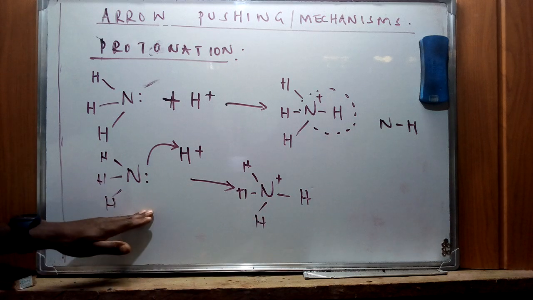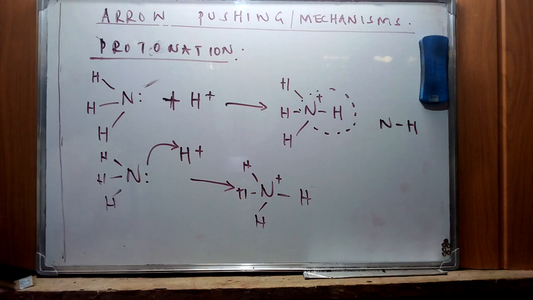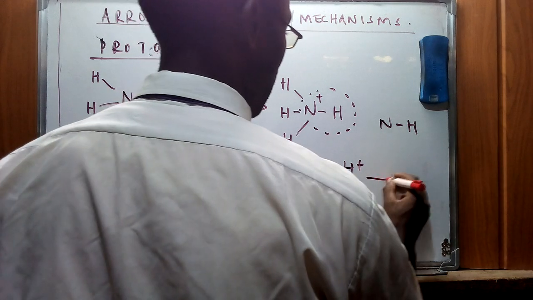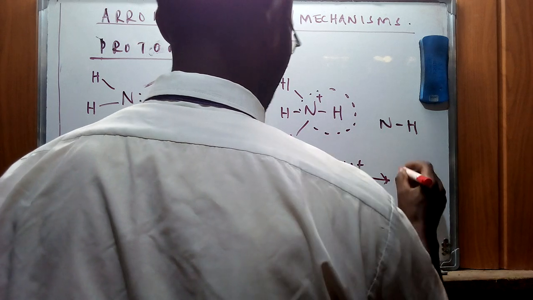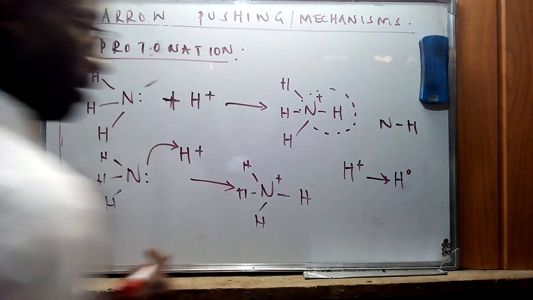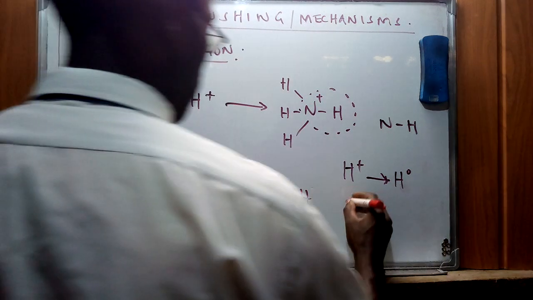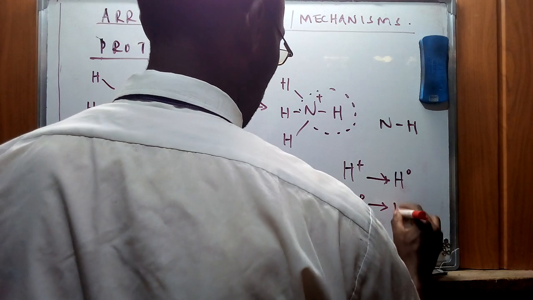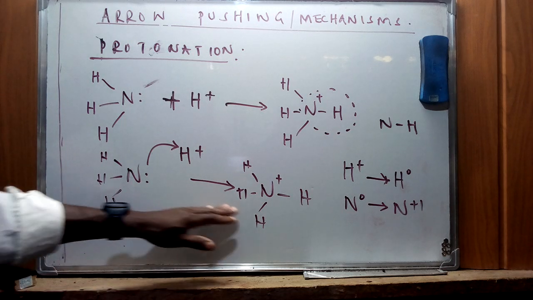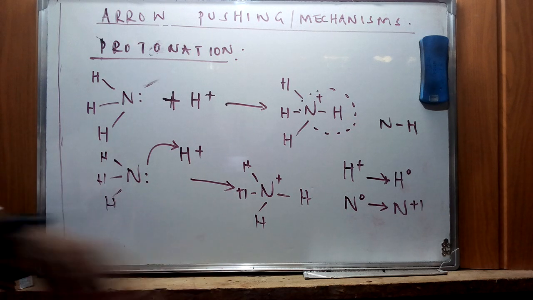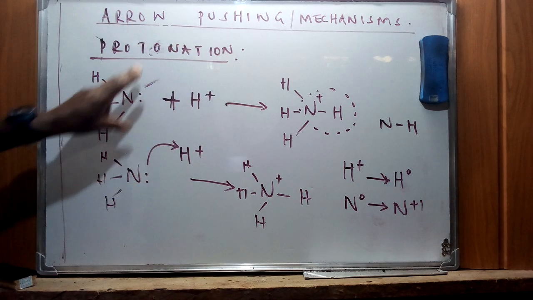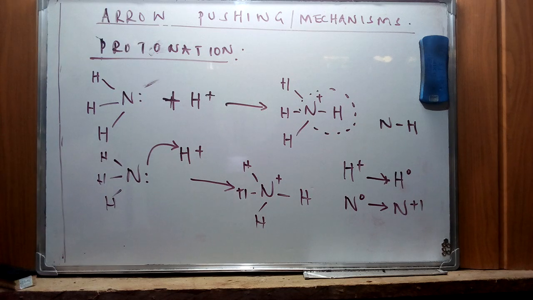If we consider the formal charges, hydrogen had a +1 charge, and the transition to the formation of the ammonium ion leads to a charge of 0. Whereas the nitrogen, which had a charge of 0, ends up with a charge of +1. The movement of charges from reagents to products is the concept that is illustrated using this arrow pushing mechanism.